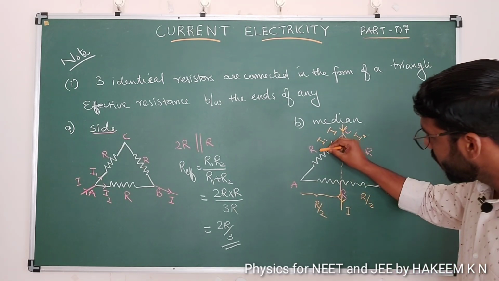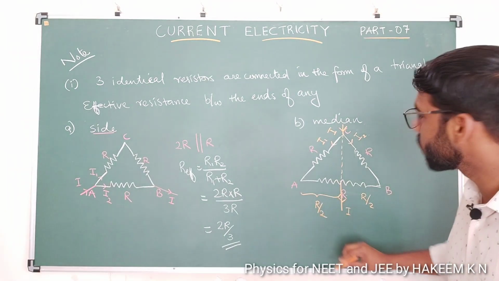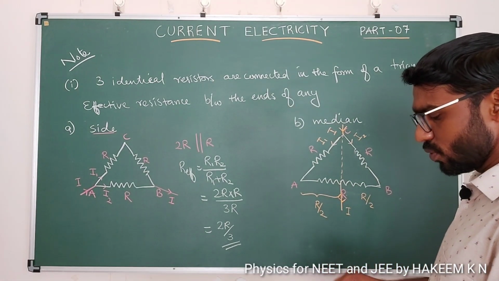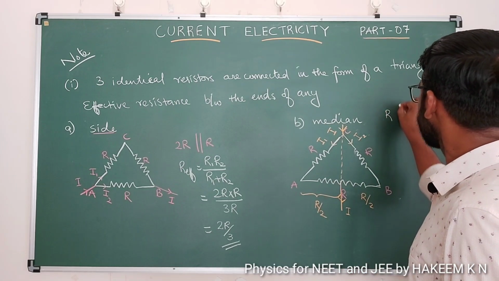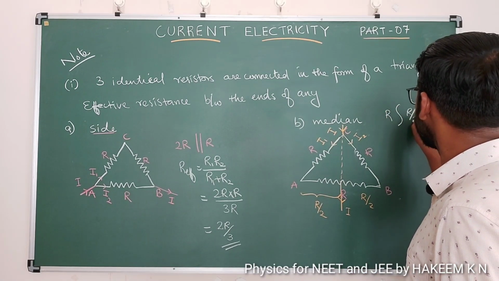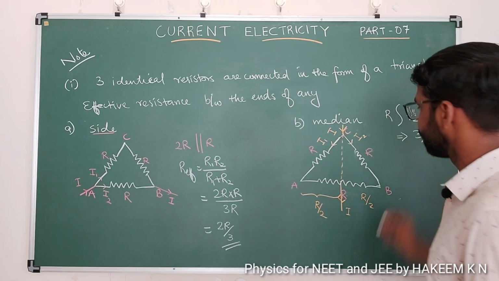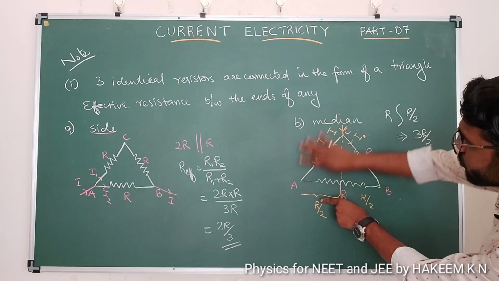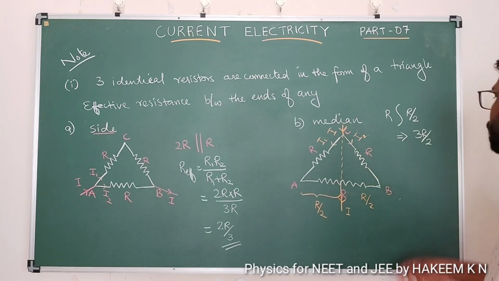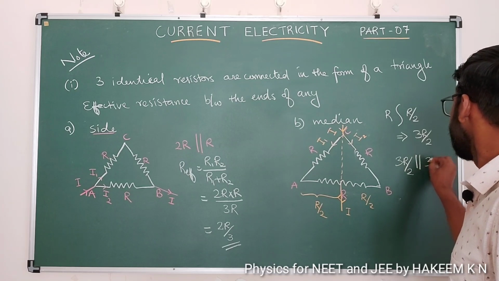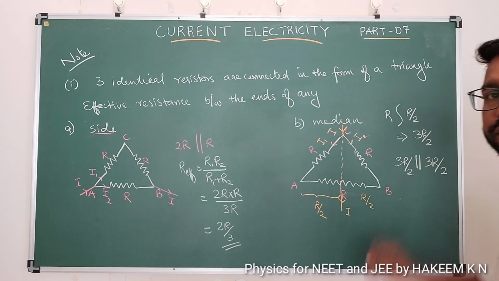So we can say R in series with R by 2 here, and R in series with R by 2 here. Then we have to add, we will get 3R by 2. Here it is 3R by 2, here also 3R by 2. So we can say 3R by 2 parallel with 3R by 2.